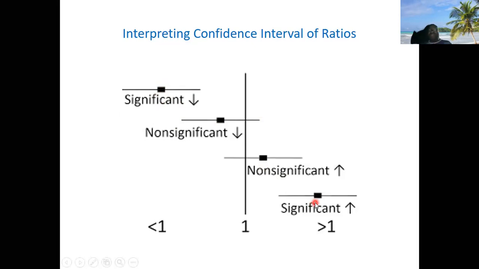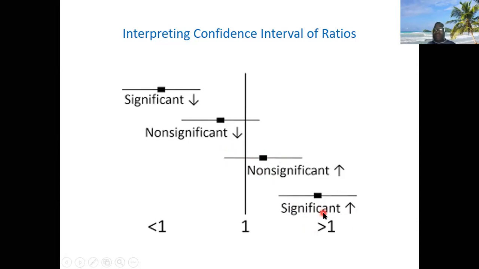So let's come to the last one. You see the lower value of the confidence interval is less than 1, the odds ratio is greater than 1, and the upper limit is greater than 1. So it has crossed 1, so it's not significant. But for this one, everything is greater than 1. It has not crossed 1.